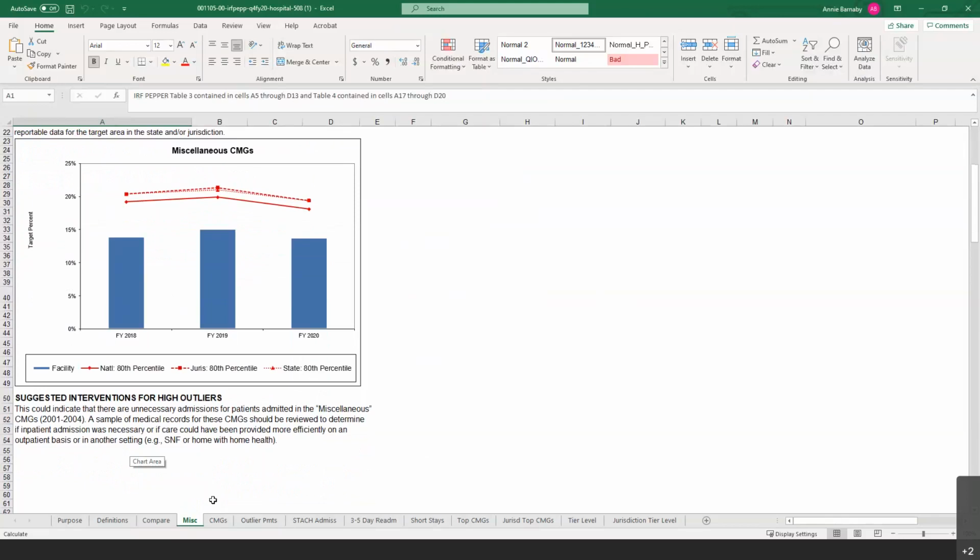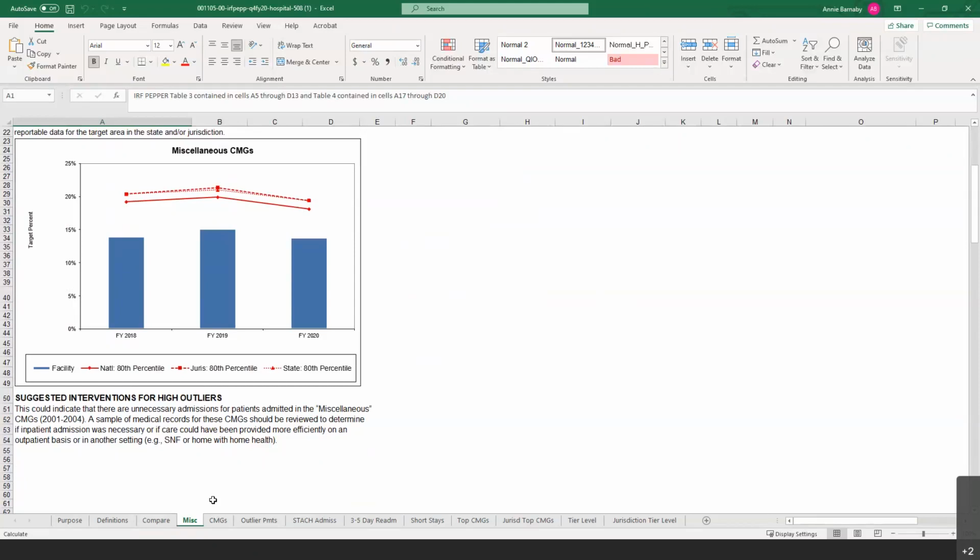Not only in the PEPR do we provide for each of the target areas all of the information that we just went through, but we also include suggested interventions. If I'm a high outlier, what should I do? Listed here. If you are a high outlier, if you see that red bold font for this target area, this could indicate that there are unnecessary admissions for patients admitted in the miscellaneous CMGs.